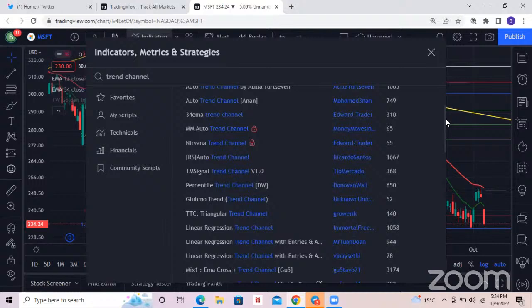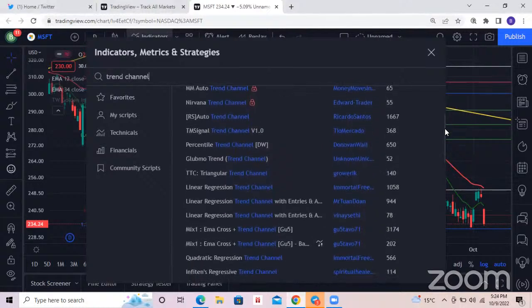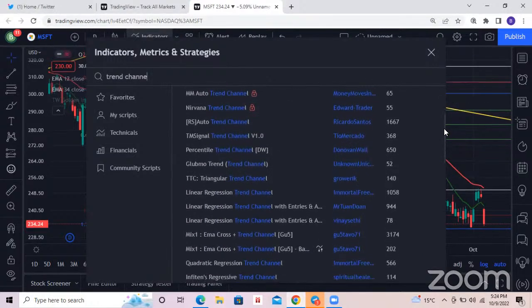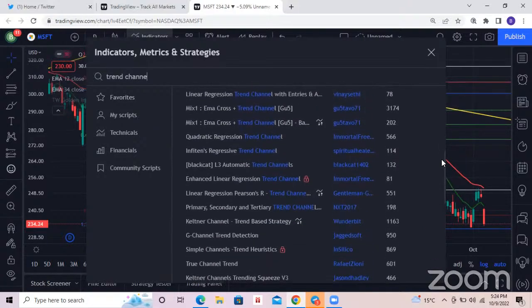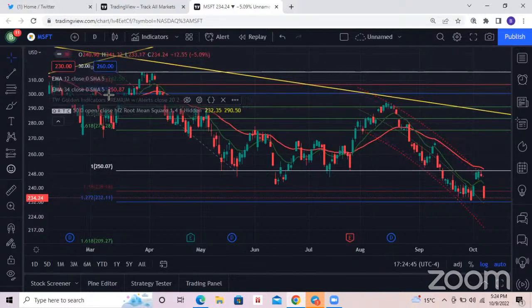The user had actually this regression channel, quadratic regression trend channel. Can you try this quadratic regression trend channel at the bottom? Scroll down, please. Scroll down. Write this quadratic regression channel. Start from the top.